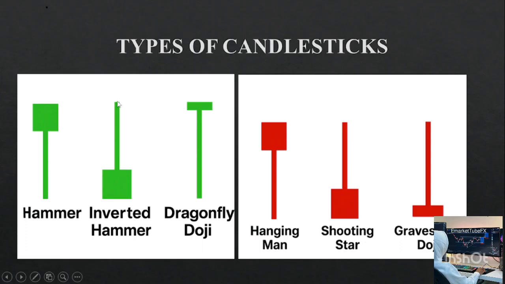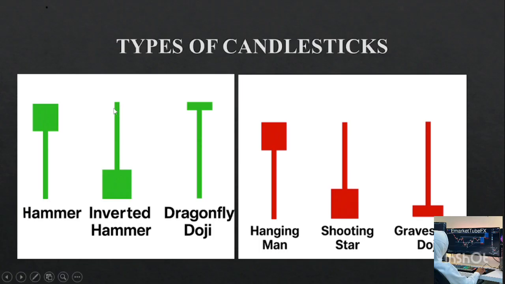Then sellers said, no, these guys, how come you push price to this level? No, we also have to come in. So sellers also started selling the market or that currency pair. Then, as they started selling in a strong move, look at what happened.